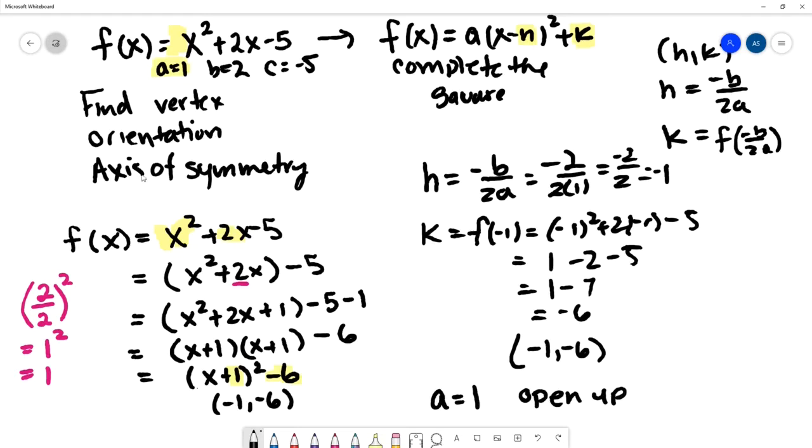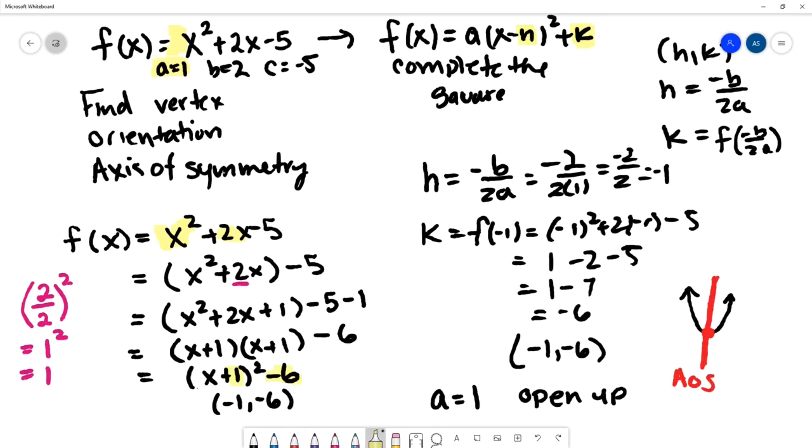Final question is the axis of symmetry. If you look at a picture of a parabola, you get something that is symmetric around the vertex. That vertex is here. So you get a mirror image on either side of that vertex. That vertical line that passes through the vertex, that is your axis of symmetry.